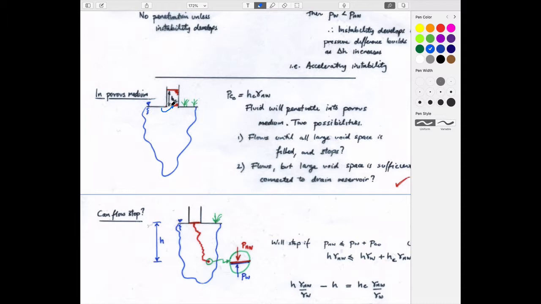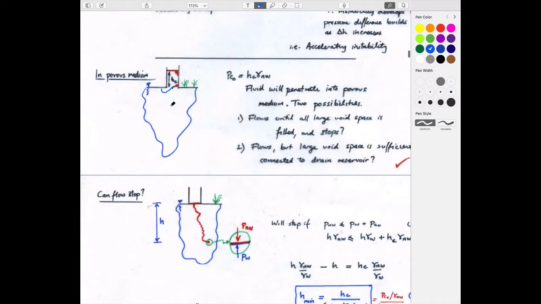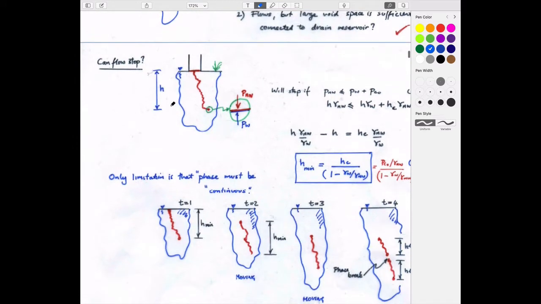Because it's out of balance, you'd expect the column of the red fluid to keep on moving. Physically, it will keep on moving until the pressure ahead of it in the water is equal to the pressure behind it in the red fluid, at which point it'll stop. So you can do a very simple calculation to figure out what that is.